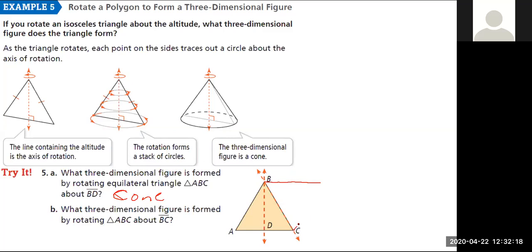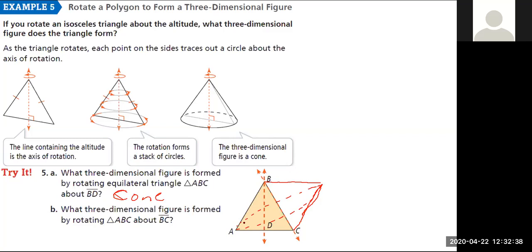I'm going to first go ahead and reflect that image over that line. So something like that. So this line is spinning all the way around to over here and all the way back. Make your circular motion.